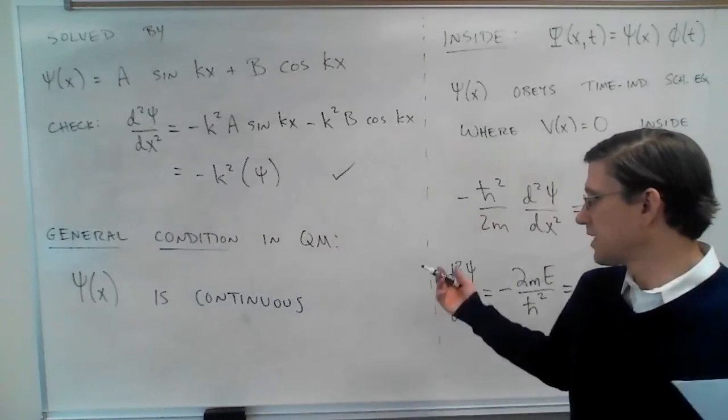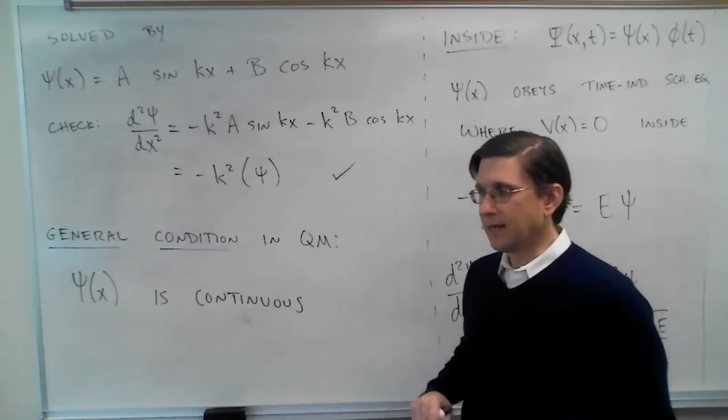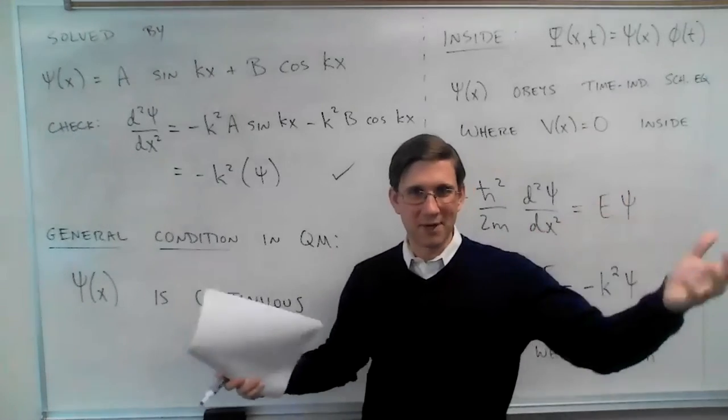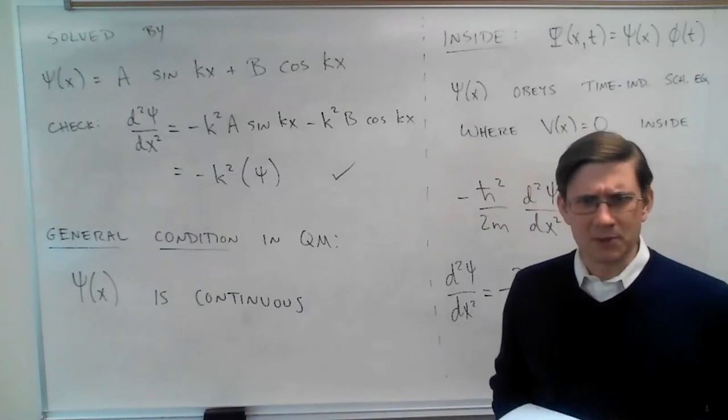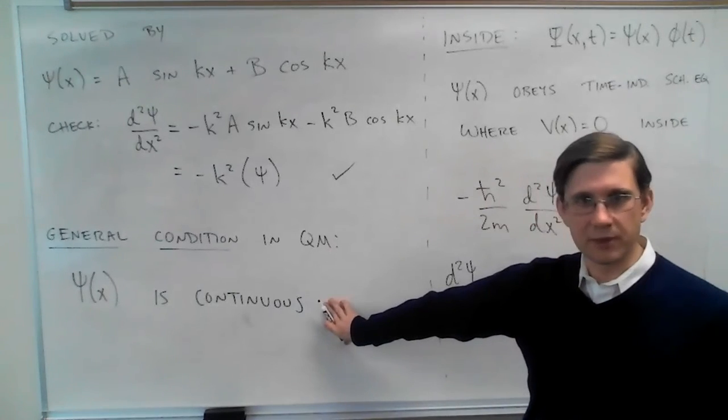It doesn't seem like such an unreasonable condition. In fact, if you think about electromagnetic waves or ocean waves or any other kind of wave that you're used to, it's pretty rare to think about one that is discontinuous. And things are really no different in quantum mechanics.